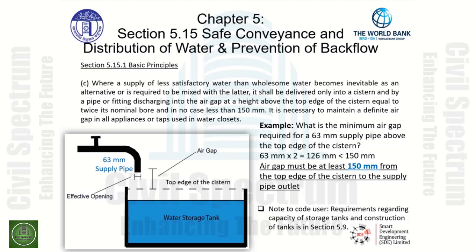That is less than 150 millimeters that is given to us in item C as a minimum air gap. Therefore, the air gap must be at least 150 millimeters from the top edge of the cistern to the supply pipe outlet. A note to the code user: requirements regarding capacity of storage tanks and construction of storage tanks are located in section 5.9.